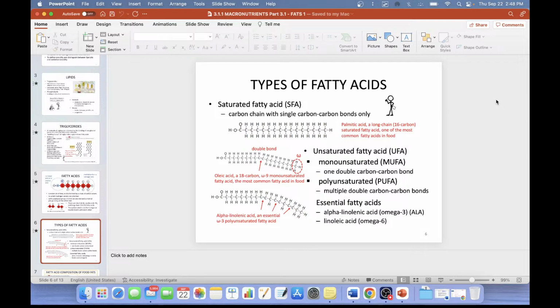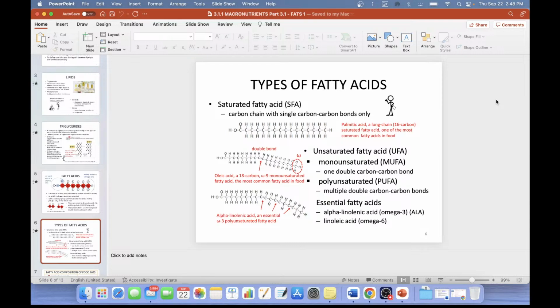And here is a simple kind of structural formula of a saturated fatty acid. In this case, it's a long chain fatty acid because it contains 16 carbon atoms. And as you can see, there are only single bonds between the carbon atoms.